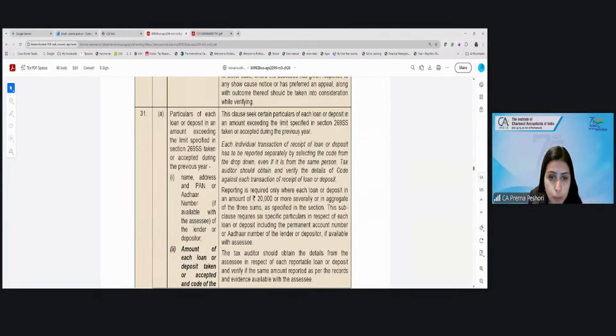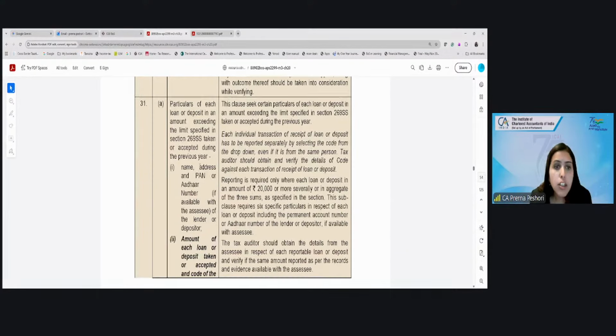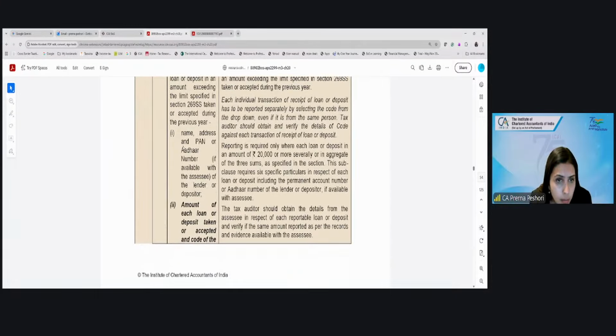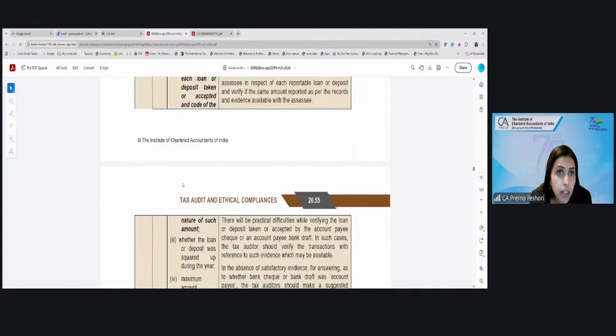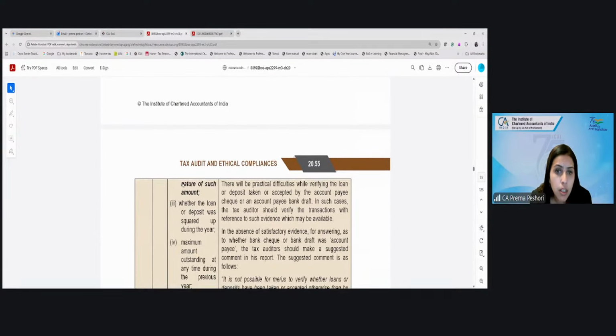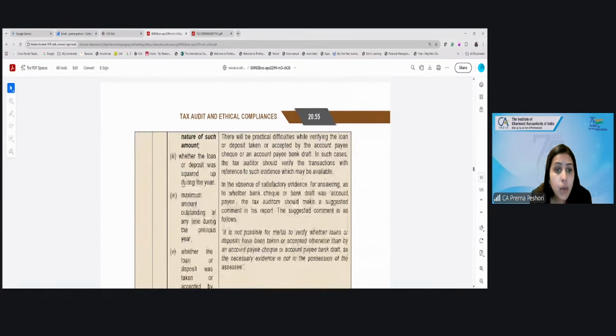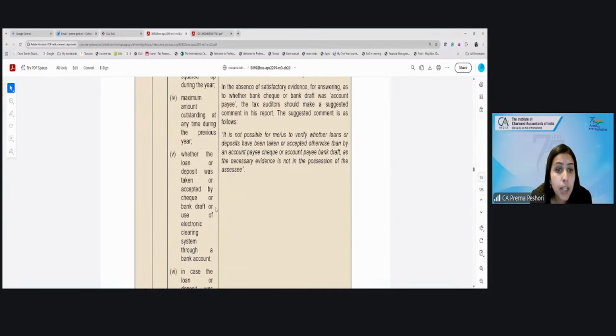Okay, so the tax auditor should obtain the details from the assessee in respect of each loan or deposit and verify if the same has been reported over here. So here you need to give the name, address and PAN or Aadhaar number of the lender or the depositor, amount of each loan or deposit taken or accepted, code of the nature of such amount, whether the loan was squared up during the year, what is the maximum amount outstanding at any time during the previous year, and whether the loan or deposit was accepted by cheque, bank draft or ECS.